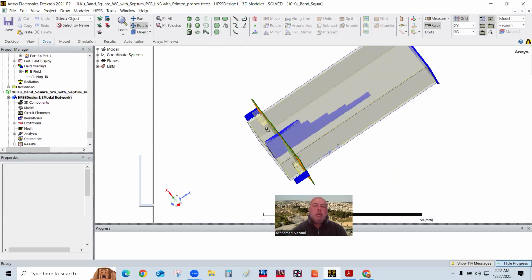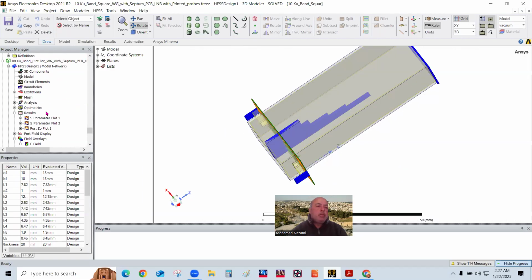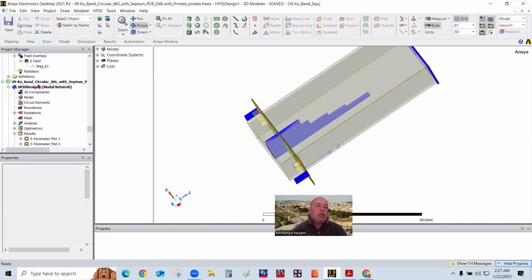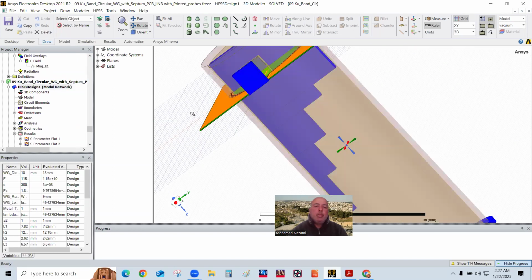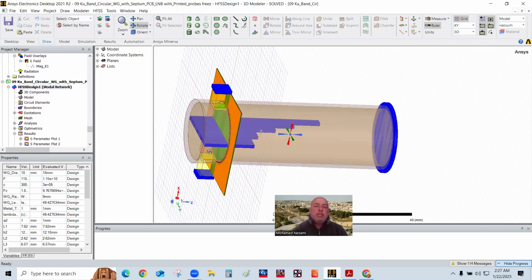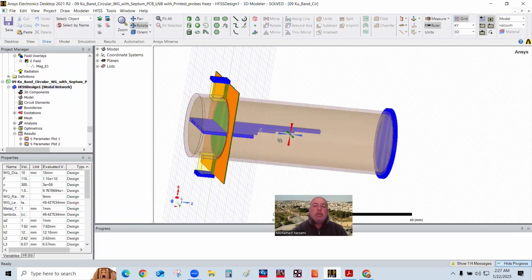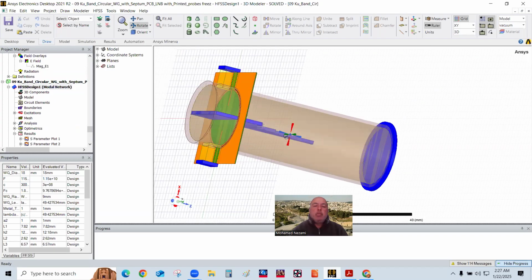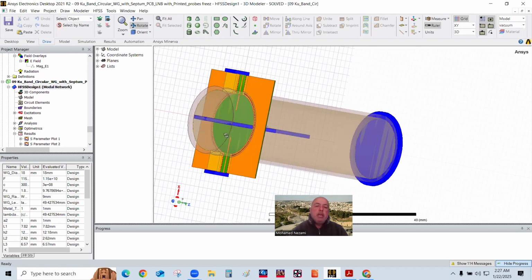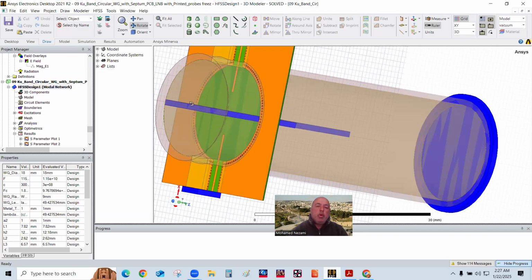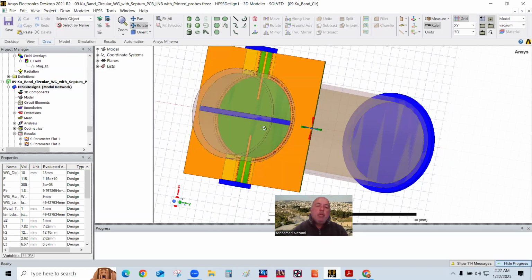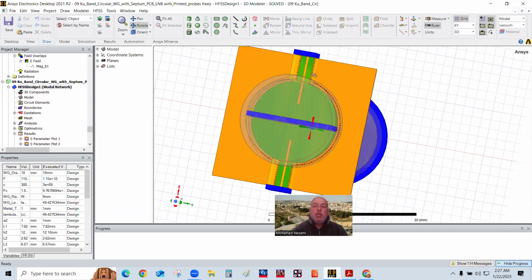Here's one. Let me go to the circular one. So this is my design here. You can see that here's the septum. It comes in, it divides the circular tube or waveguide, and then here's the PC board with an opening for the printed circuit board. And I have 2 probes right now.